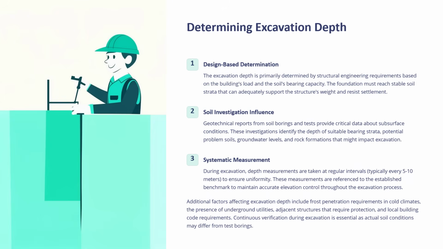Maybe during your excavation you find certain things which you have not been able to find during your soil investigation or other process, so depth measurements may change. For that you have to take depth measurements at regular intervals, typically after every 5 to 10 meters, to ensure uniformity. These measurements are referred to the established benchmarks to maintain accurate elevation control throughout the excavation process.